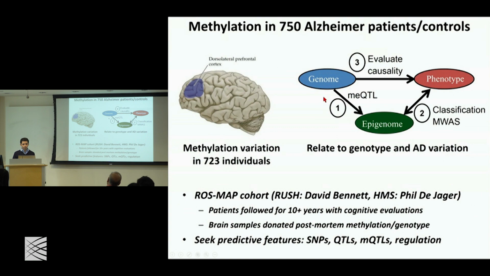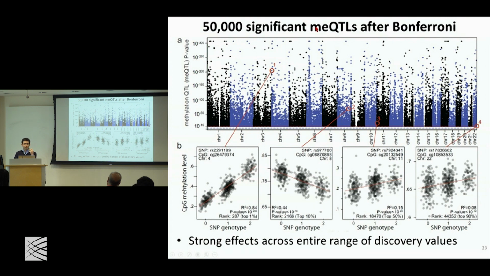So to look at the first question of, is the genome enabling us to predict the epigenome, we can basically look for methylation QTLs. These are quantitative trait loci, where the outcome is methylation level. And what we find is that across the genome, we can find 50,000 loci where the genetic information is in fact significantly predictive of the epigenomic information.